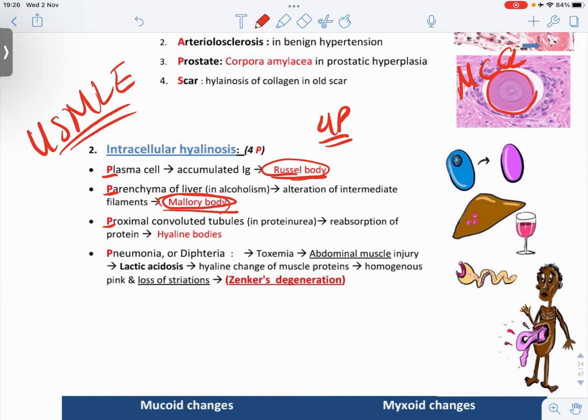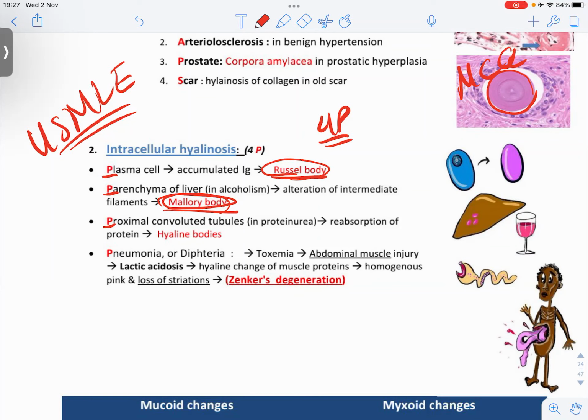The third P, we talk about the proximal convoluted tubules. The proximal convoluted tubules normally don't reabsorb protein, because normally protein does not pass through these tubules.